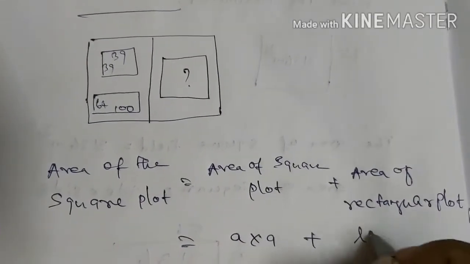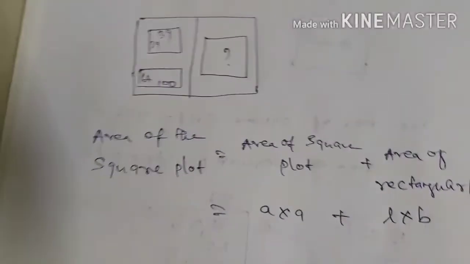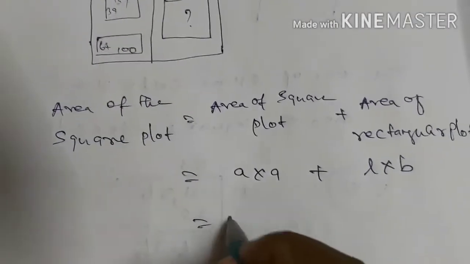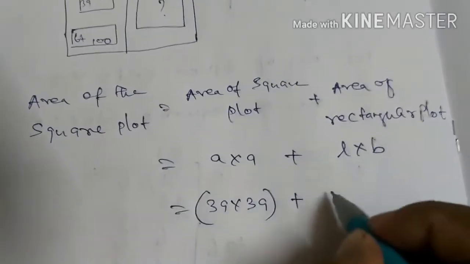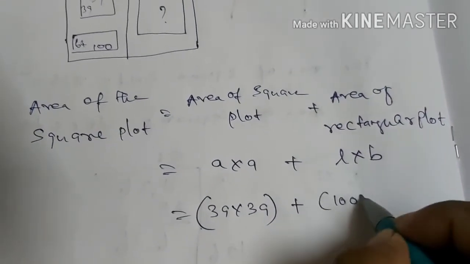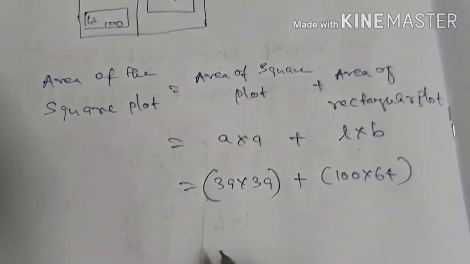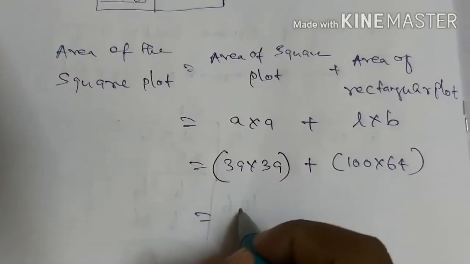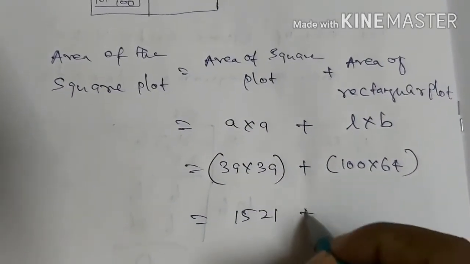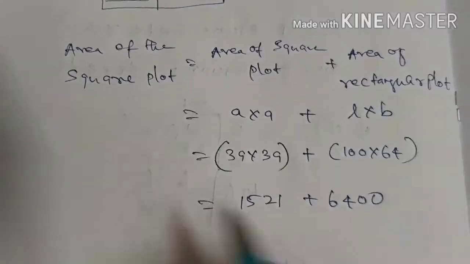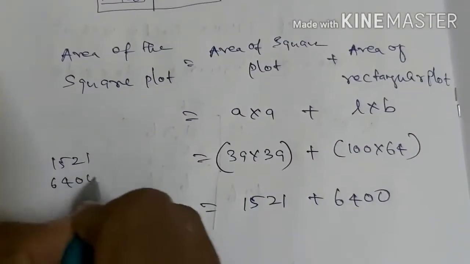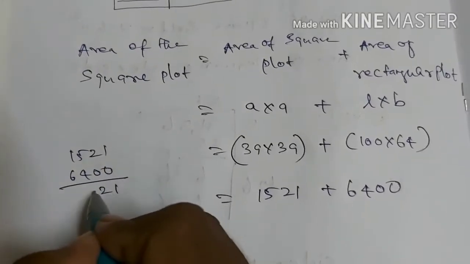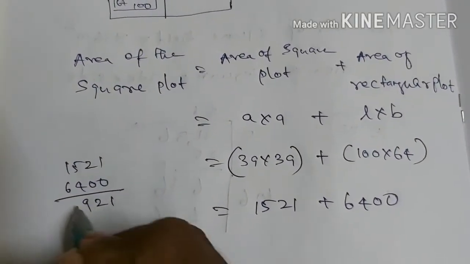So 39 multiply 39 plus 100 multiply 64. So 39 times 39 is 1521, plus 6400. Adding these two values, 7921 meter square.